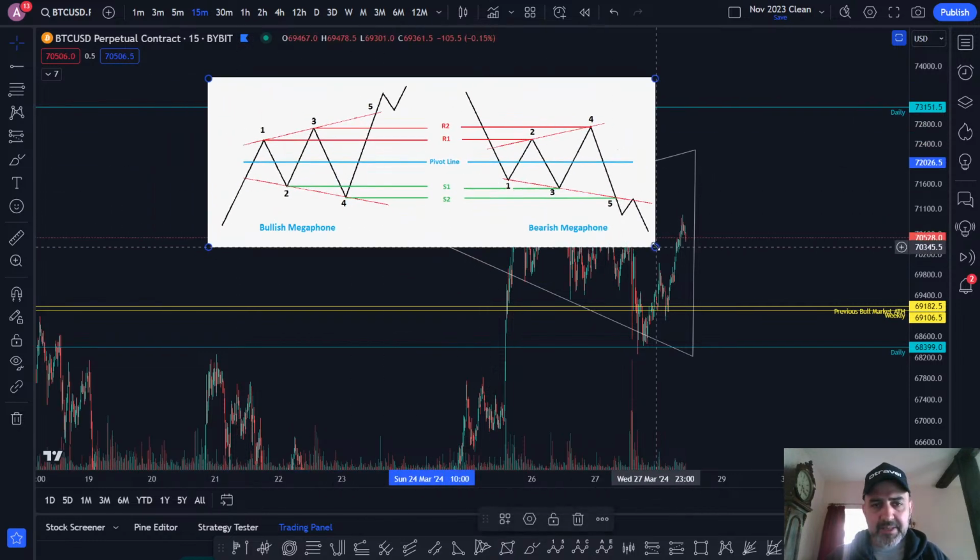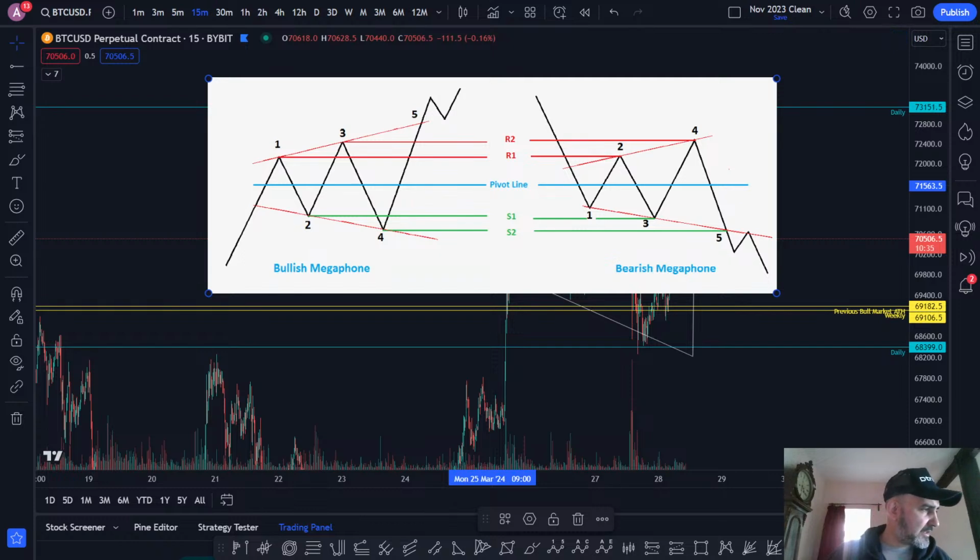This is the megaphone pattern. And then I'll pull an example that looks quite pertinent to this price action, so we get an idea of what we're looking for. I just need a good image though, that's the problem. A lot of these images are very small.